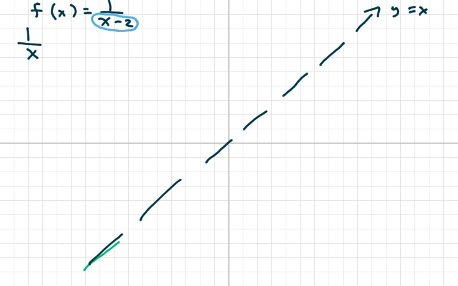So basically, I think it's easier to notice this one, is that you have a vertical asymptote at x equals 2. So I'm going to draw that. And we have the horizontal asymptote at y equals 0.